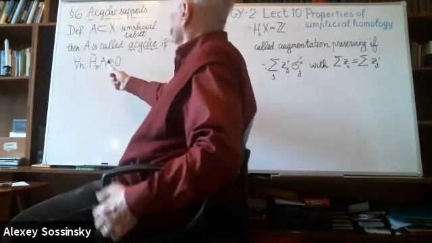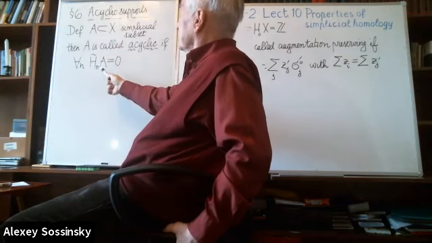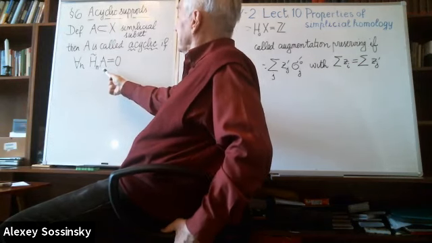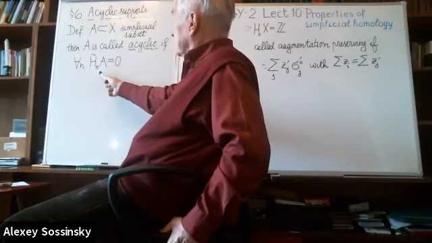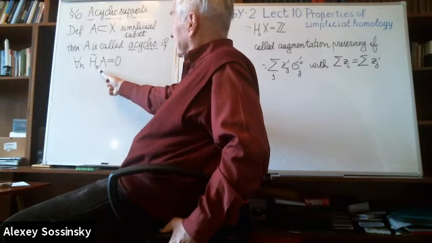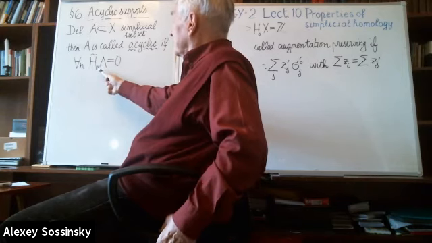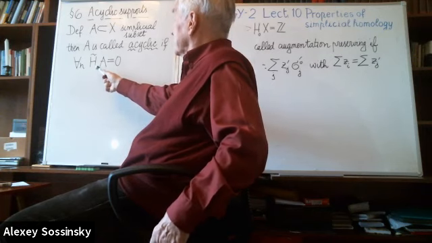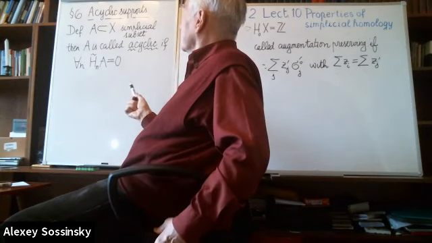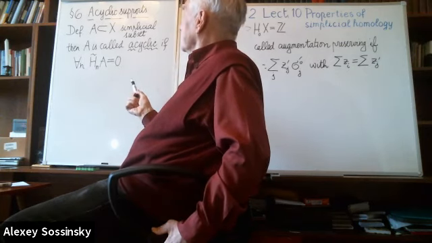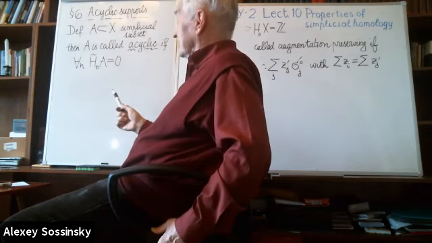Here H n tilde denotes augmented homology, which for n greater than 0 coincides with the ordinary homology, but for n equals 0 is slightly different from it. And we simply require that the homology of this set A is trivial.